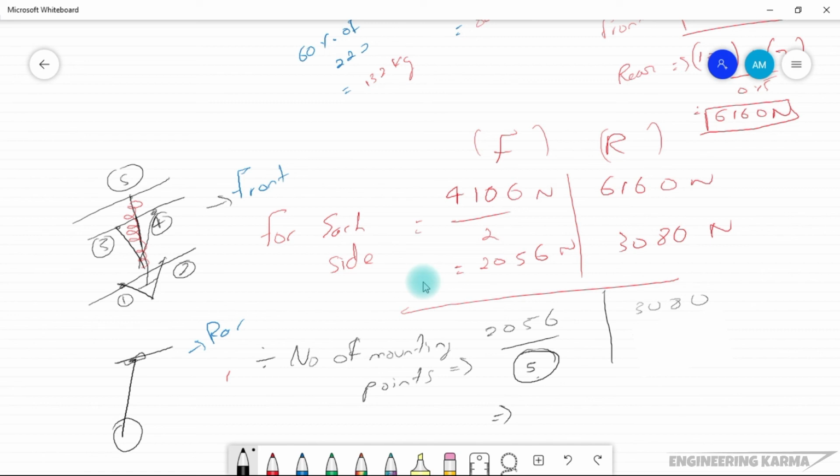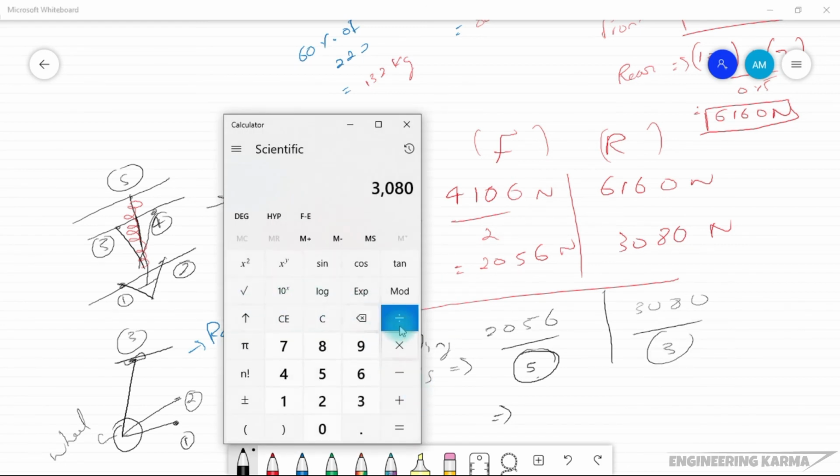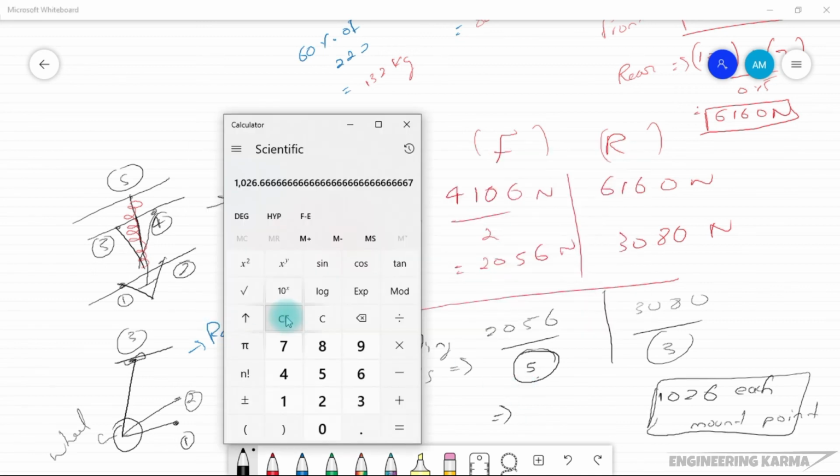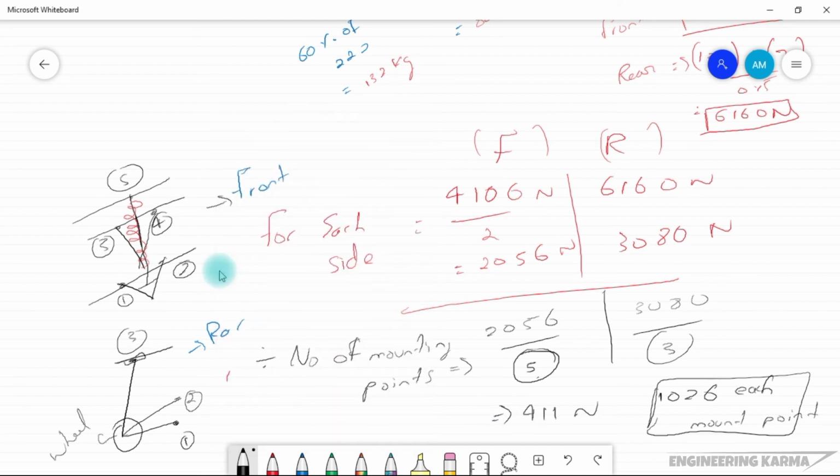The rear suspension mount point is 3, so dividing the force by 3, I will get the force acting on each mounting point. The force acting on each suspension mount point.